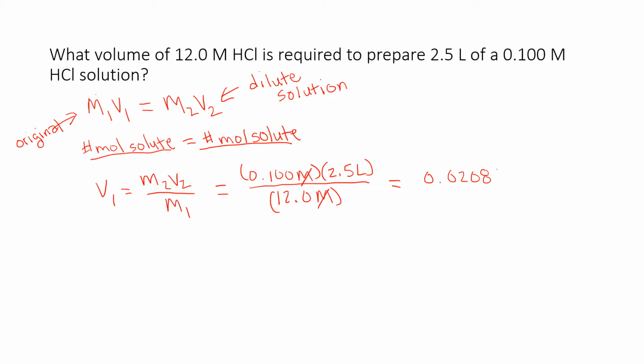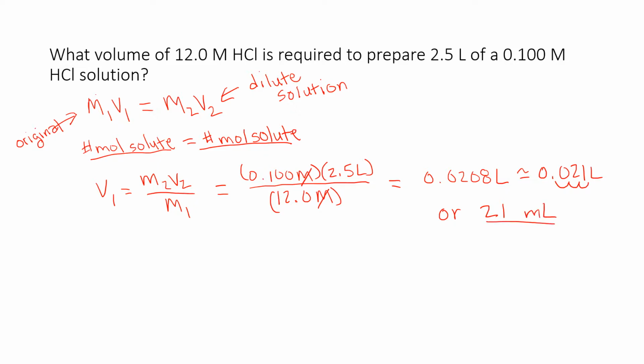0.0208 liters, okay? So sig figs here, we need to report it to 2 sig figs, so the correct number of sig figs would be 0.021 liters, or we just report that in milliliters, so we'll just simply move the decimal place 1, 2, 3, and that would give us 21 milliliters.